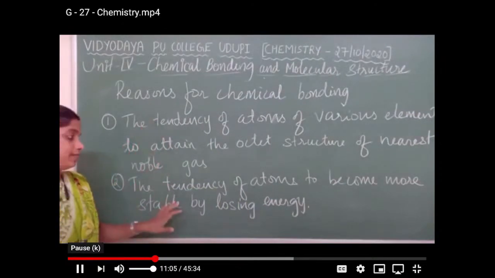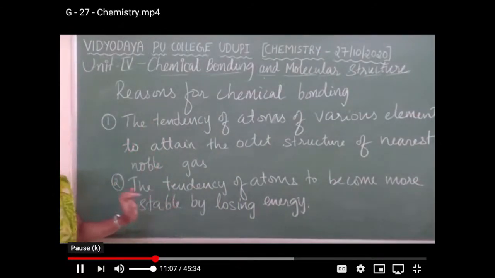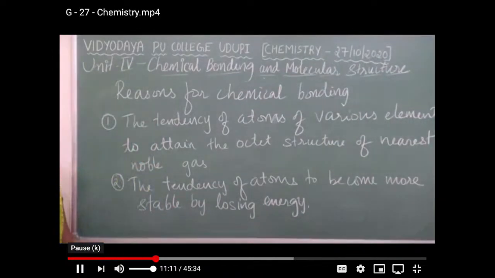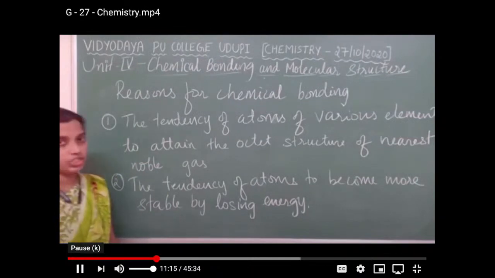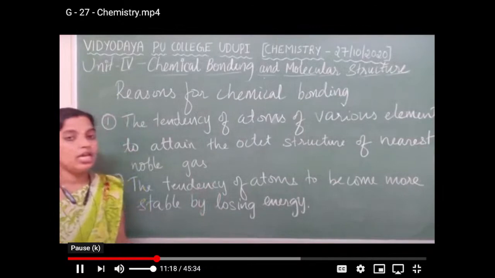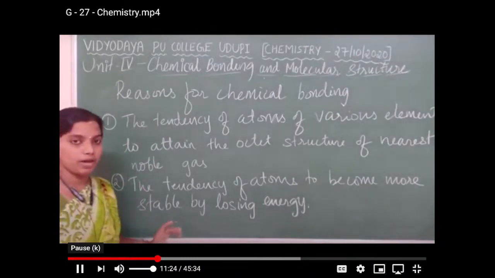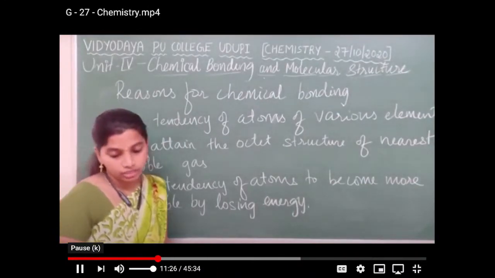So these are the two reasons for the formation of a chemical bond. First, to attain the octet structure so that it becomes stable by attaining the electronic configuration of the nearest noble gas. Second, the tendency to become more stable by losing energy.